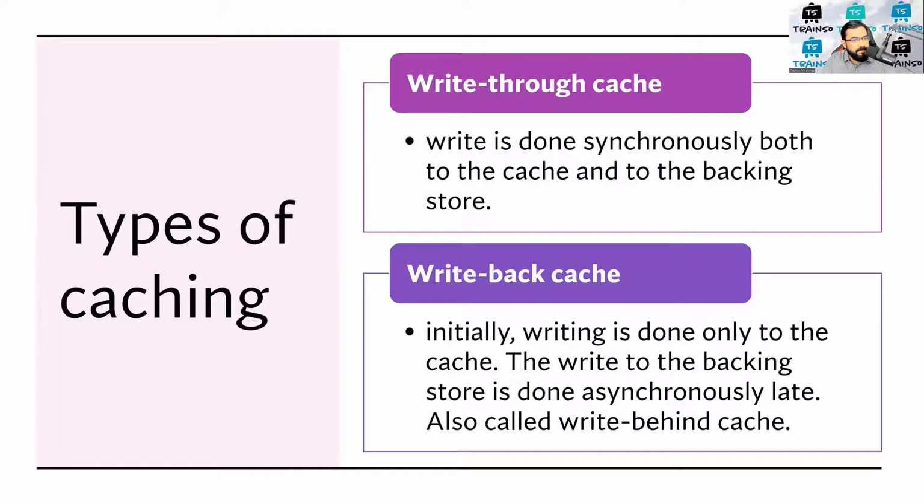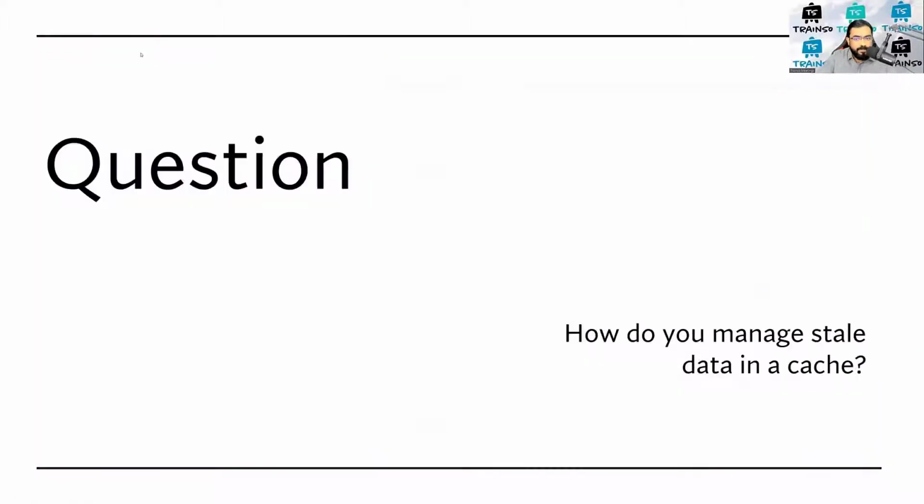Write through cache, right? The life of a software architect is all about trade-offs. So you have to understand which one will work for your particular use case, and then you have to choose that one.